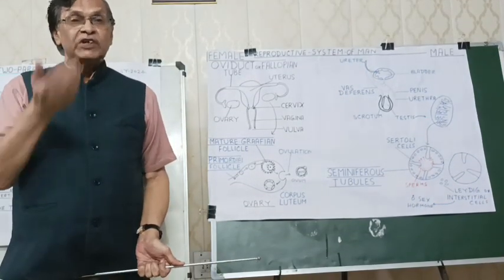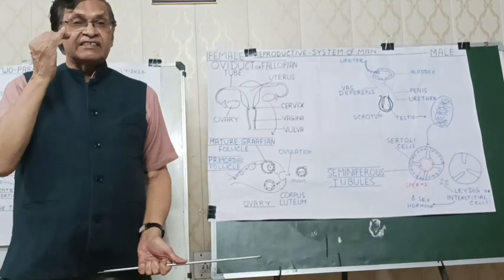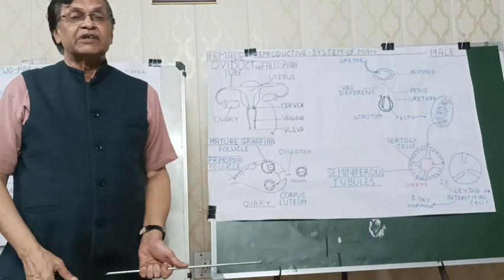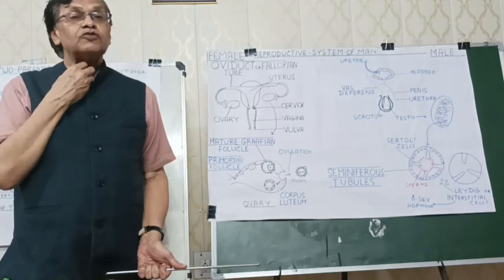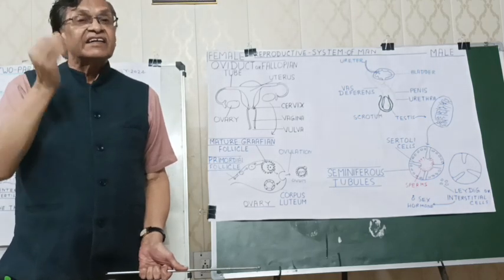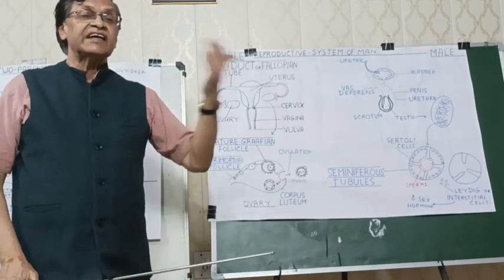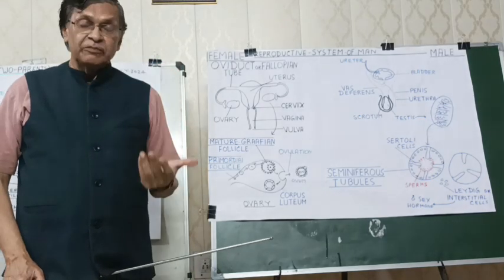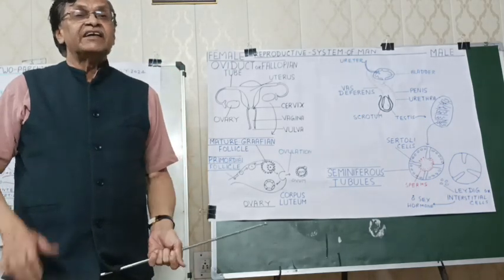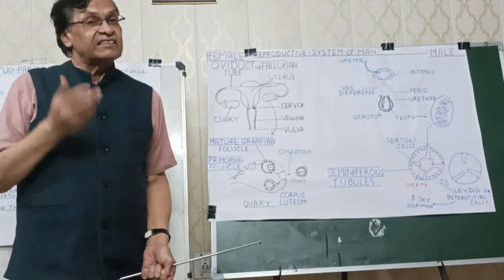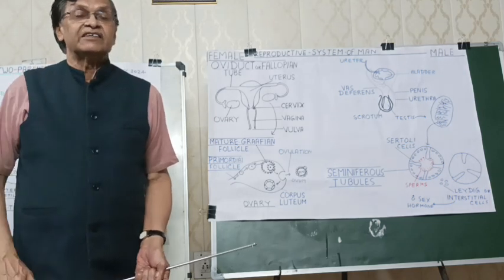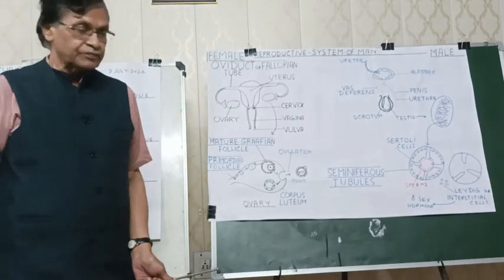So here mucus is there, and a slightly acidic environment is kept. In our buccal cavity, the mouth cavity also, saliva is slightly acidic, which kills any incoming foreign microorganism. Even in the stomach, digestion takes place in an acidic medium. After that, it takes place in an alkaline medium.